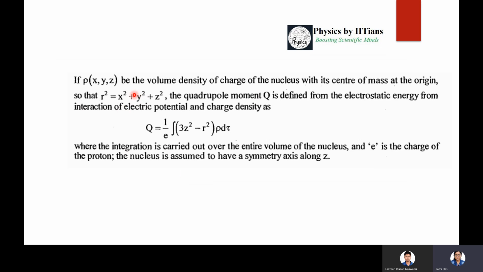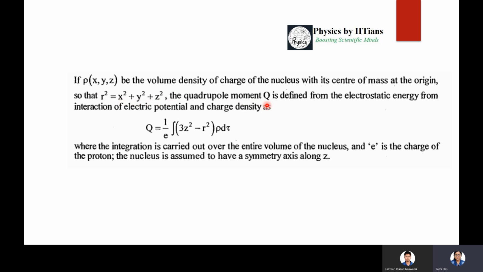So if you find it in terms of the charge density, suppose rho has coordinates x, y, z, with the volume density of charge of the nucleus with its center of mass at the origin, then we can take r square as x square plus y square plus z square.